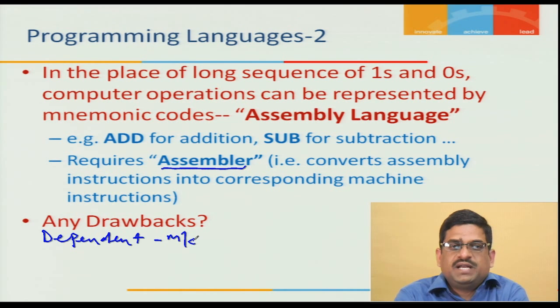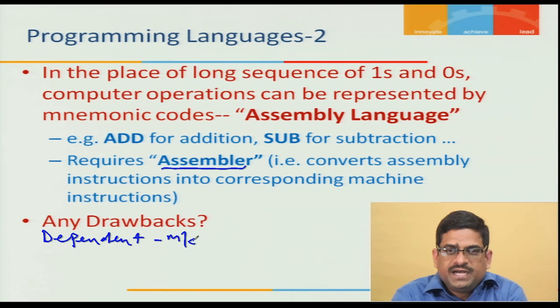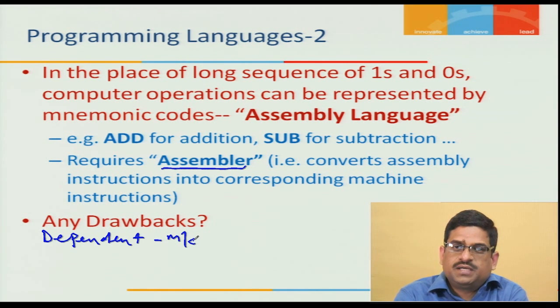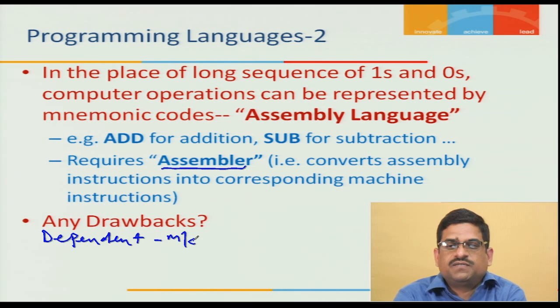Here my program will use mnemonic codes like add, subtract, multiply, division. So readability is a little bit improved, but still it is machine dependent, and generalization is not possible, that I wrote one solution and that solution can work on, let's say, an Intel machine as well as on a Motorola machine or any different type of machine.